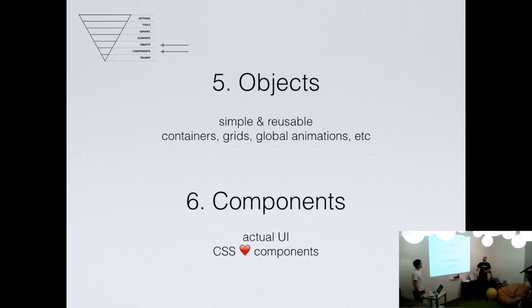Components are more specific, and they are basically for anything else, like a blog post or some segment inside the blog post. The core thing to remember here is that objects are declared earlier than components, so components override objects, and you can be sure that they override each other. We'll talk about this later.